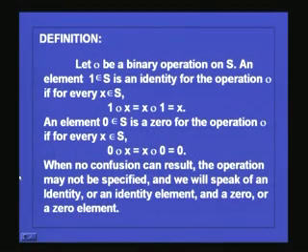Consider a binary operation on a set S. Let dot be a binary operation on a set S. An element 1 belonging to S is an identity for the operation dot if for every x belonging to S, 1 dot x is equal to x dot 1 is equal to x. In this case, you call 1 as the identity element. An element 0 belonging to S is a 0 for the operation dot if for every x belonging to S, 0 dot x is equal to x dot 0 is equal to 0.